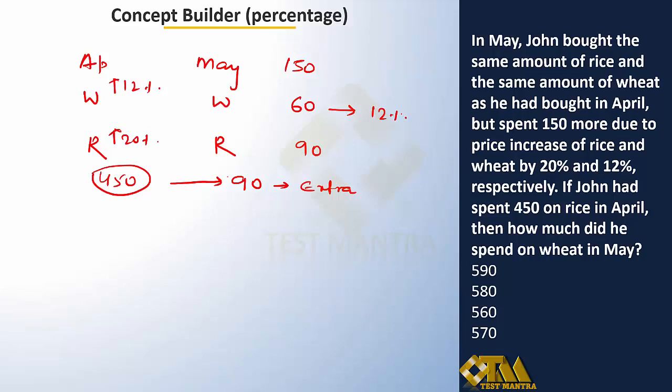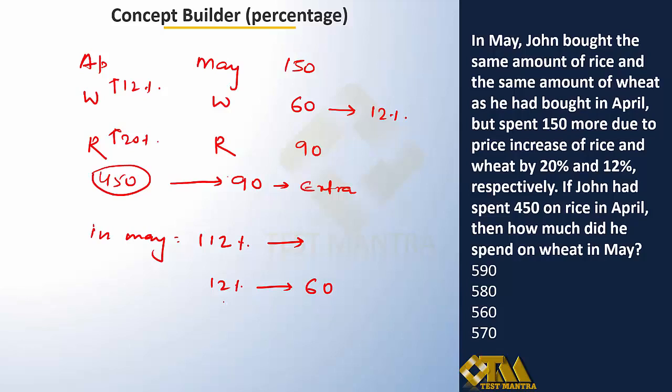So they have asked, then how much did he spend on wheat in May? Right? So 12% is nothing but 60. Overall, in May, it is supposed to be 112%. So let's find out this. 12% is 60, and I want 112% here.